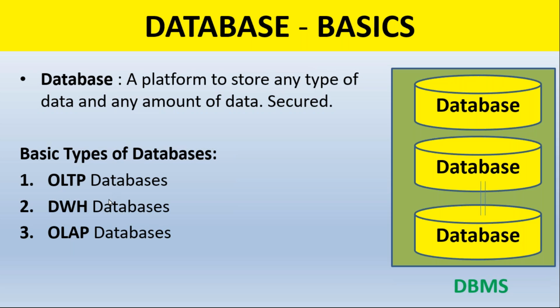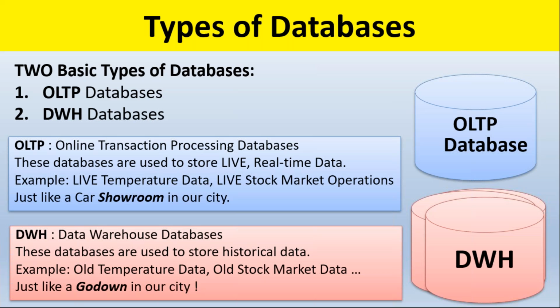Let's understand more about the warehouse here. For example, you take a live stock market activity, a live cricket match, live temperature, or simply say a car showroom, live OLTP, day-to-day activities, live real-time data.